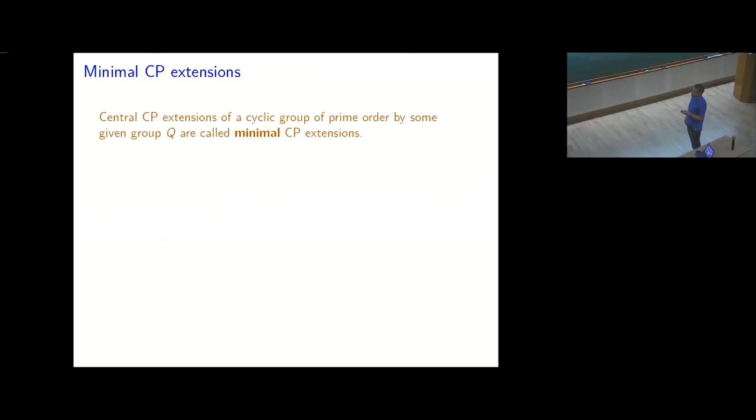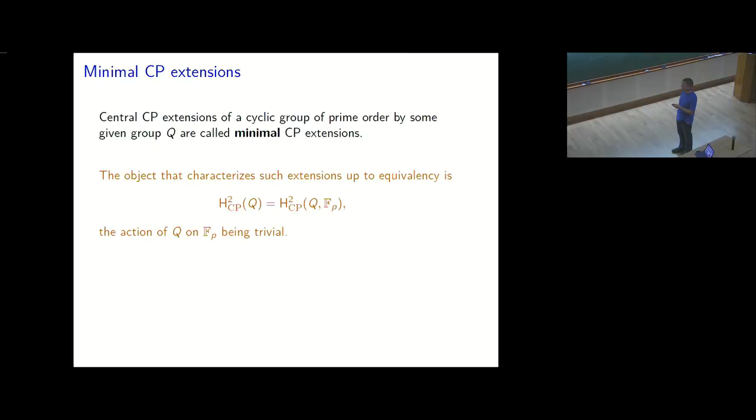isoclinic. Okay. We also looked at something which is called the minimal CP extensions, and minimal CP extensions are just the extensions where the kernel is cyclic of order P, and we call this minimal CP extensions. And basically, you can describe this extension by this object here. Just have a look at this CP cohomology, however you want to call it, of Q over FP.